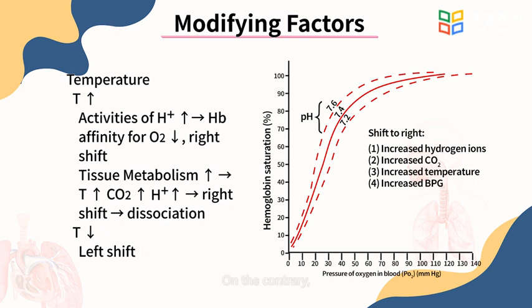On the contrary, a lower temperature will suppress the activities of hydrogen ions, promote the association of oxygen with hemoglobin, and shift the curve to the left.